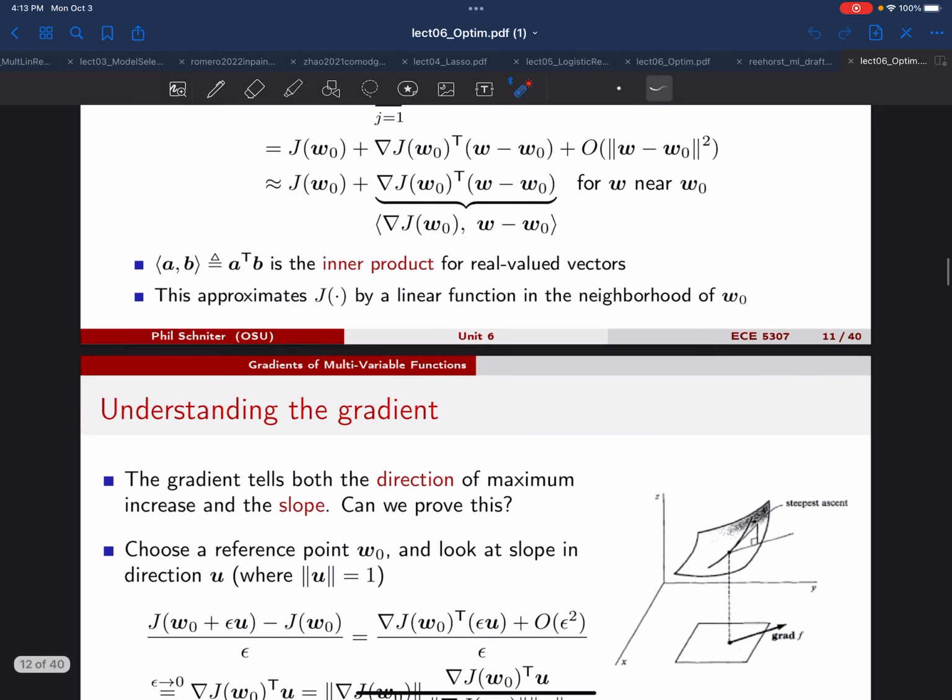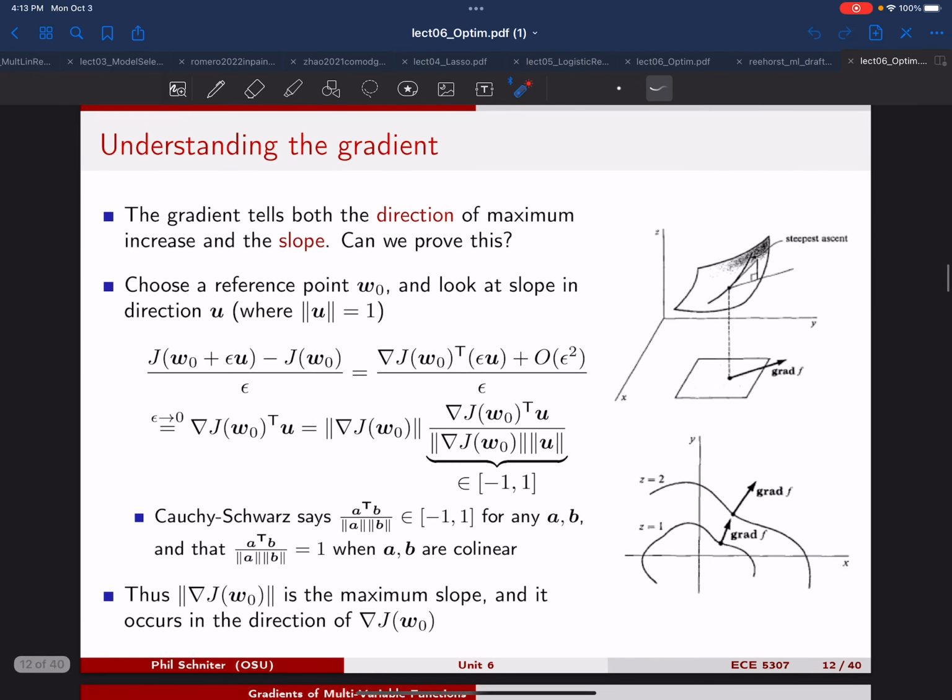Okay, so one of the ways that we can use this linear approximation is we proved that the norm of the gradient is the maximum slope. If you are sitting at a certain point in the function and you look in every direction and you see what is the maximum slope, it ends up being the norm of the gradient vector.